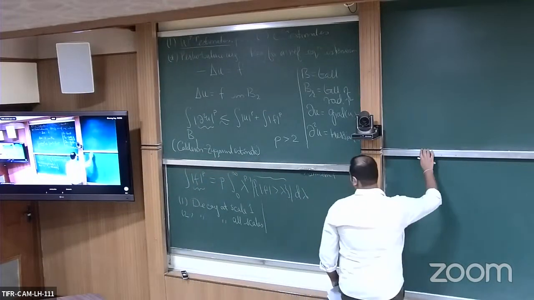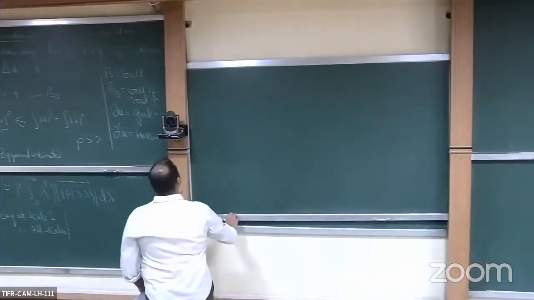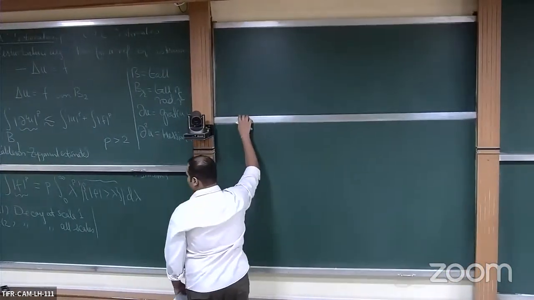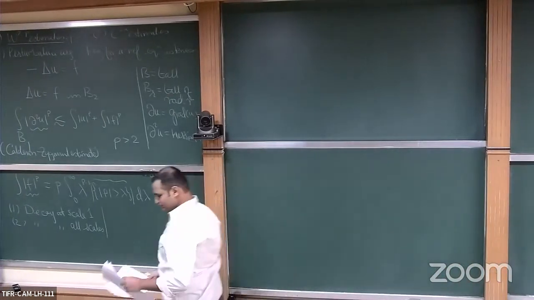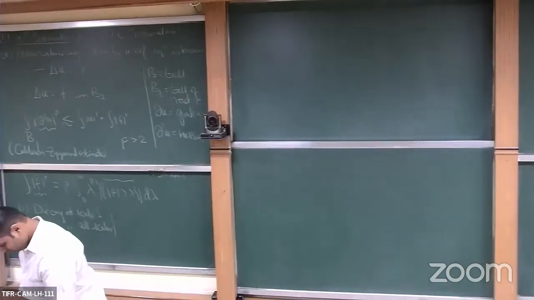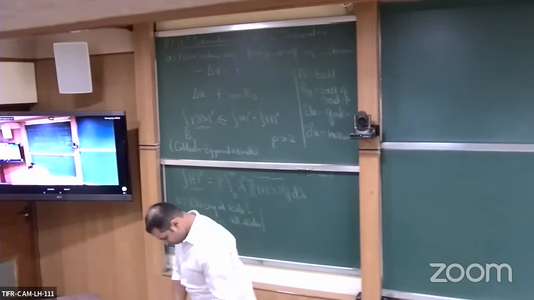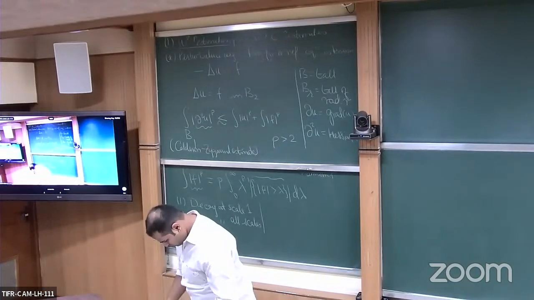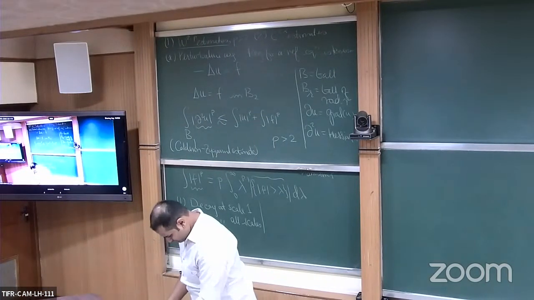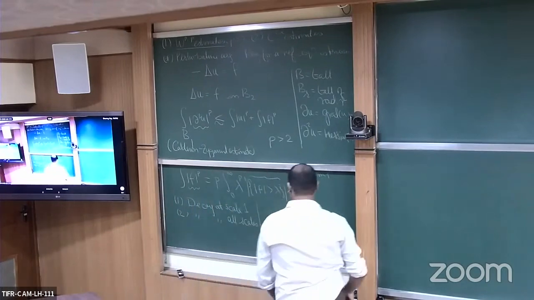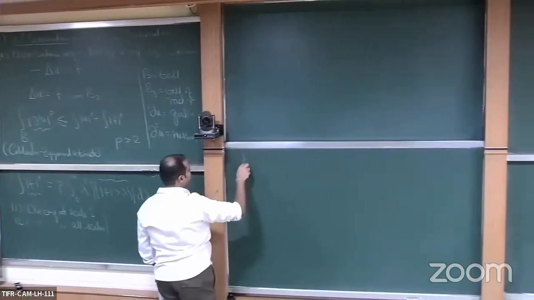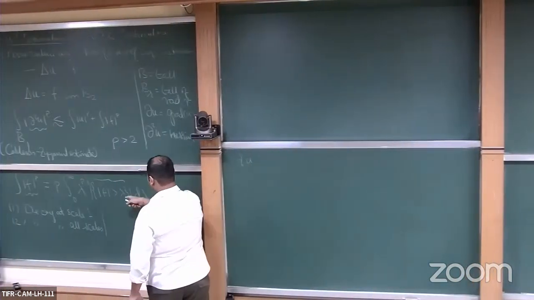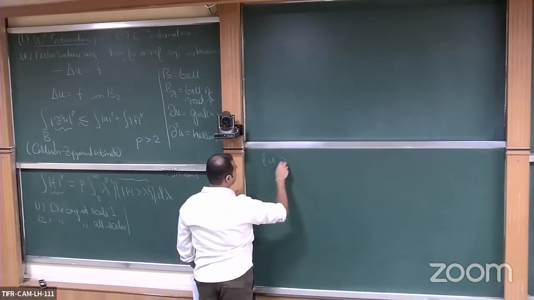So what do I mean by decay at scale 1? Let us say, let's forget about all of this. Let us say that I have some function u, right? And I want to prove the decay. I want to look at the decay of the level set of this.